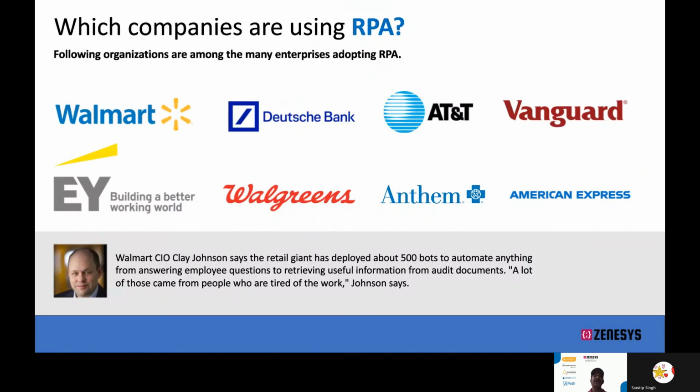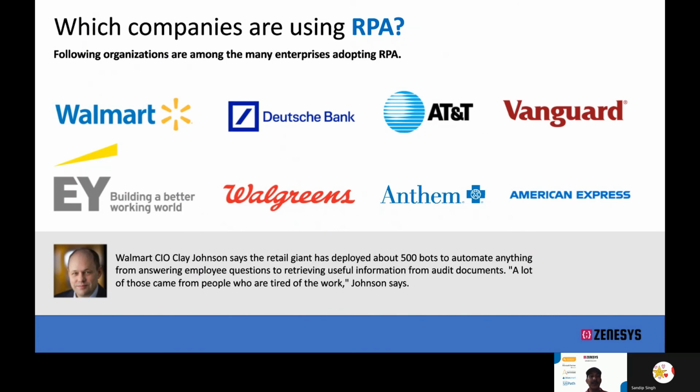All right, let's look at the names here, which major giants are using RPA solutions. We have Walmart, AT&T, Deutsche Bank, EY, Walgreens, Anthem, and MX.